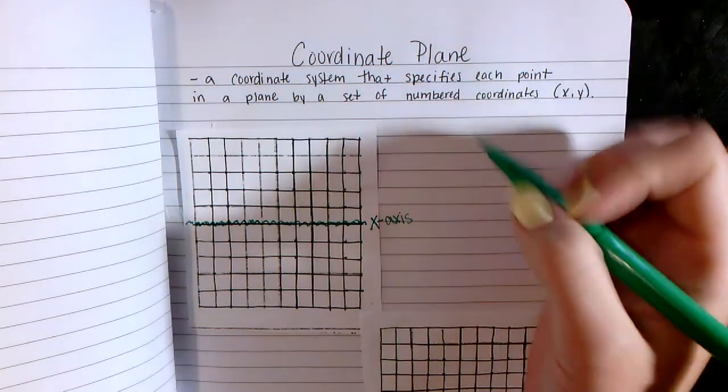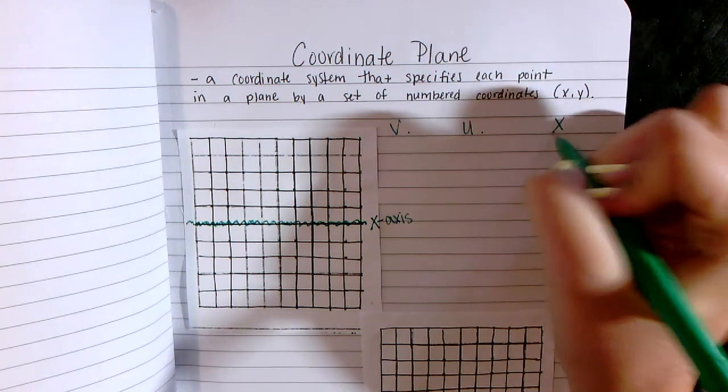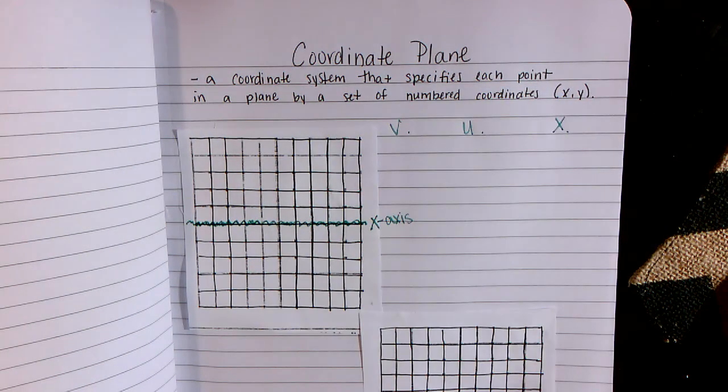So that's my x-axis, right? What I want you to write up top is VUX. We talked about this last year, but VUX is just an abbreviation that's going to help us remember some important things about the x-axis.